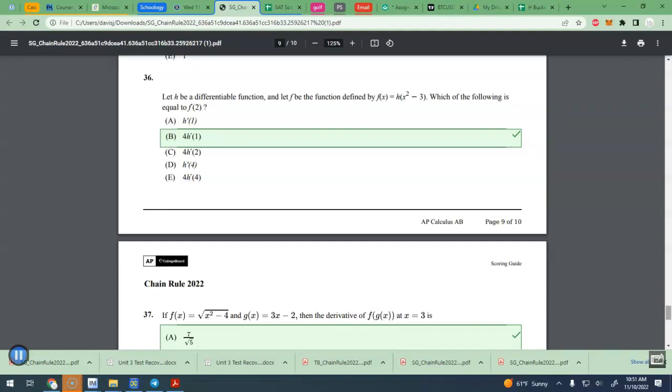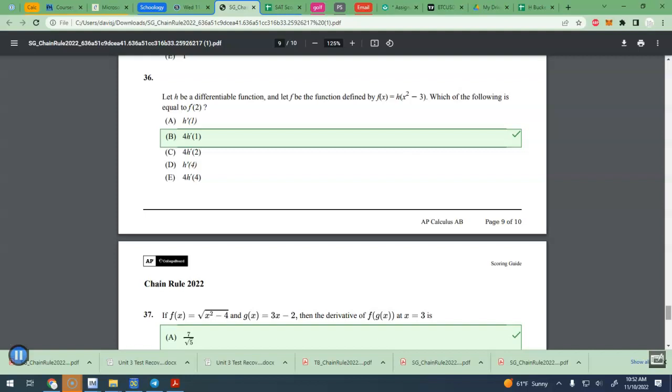Okay, f of 2, f is the... okay, so they're giving you a composite function here.